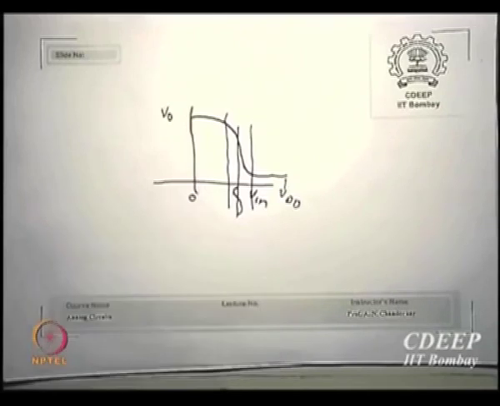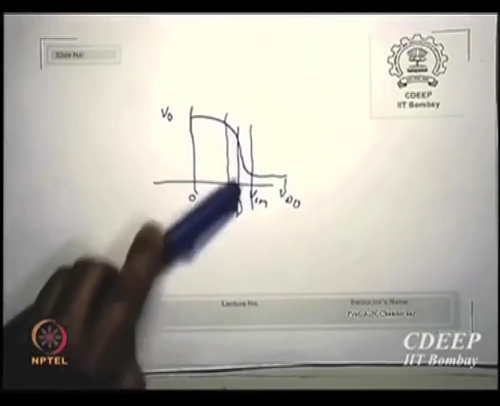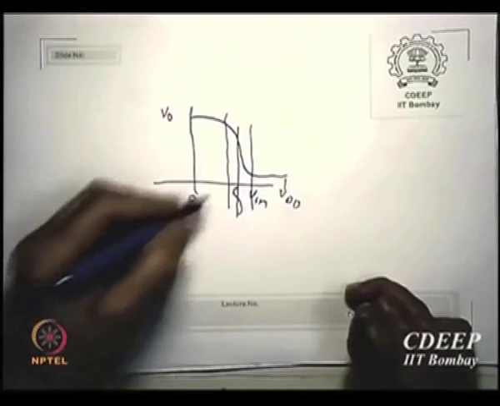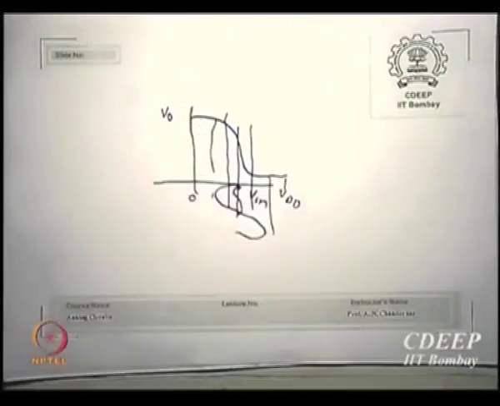Digital I go from here to here. Analog I remain only here. Okay. And therefore you can see linear circuits will always have the limitation of small signals. It cannot have large signals, because you can see if I have these large signals, you are in non-linear areas. Is that clear to you?